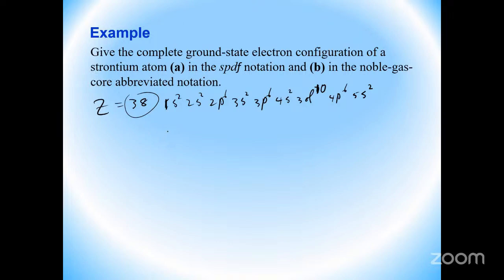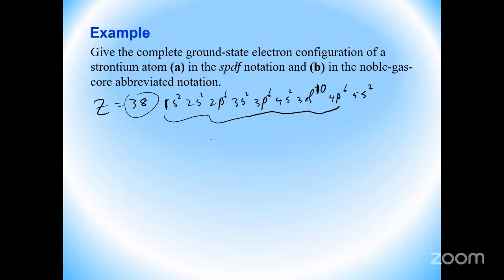Okay, so what will be the abbreviated version? The element that precedes strontium is krypton. Krypton is 36, so 36 will cover everything up to 4p6.